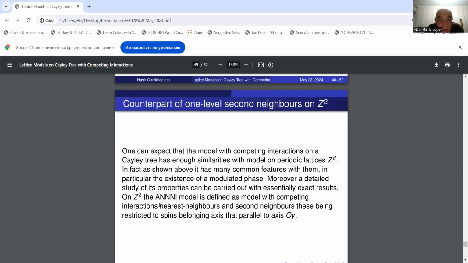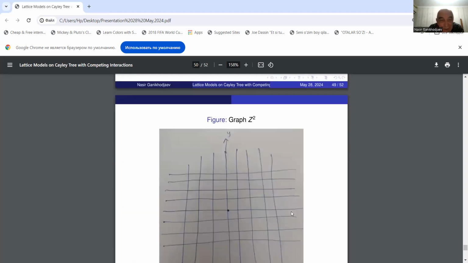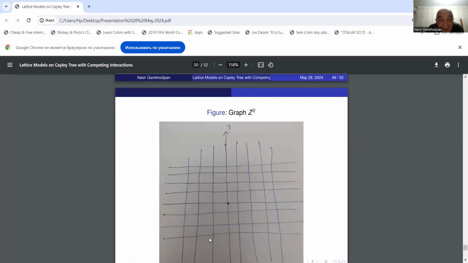So on Z2, for this previous model with competing interactions, let me define it more exactly. Here we have interaction of nearest neighbors and second neighbors, the latter being restricted to spins lying on an axis parallel to axis OY. So now, no good picture. This is Z2.